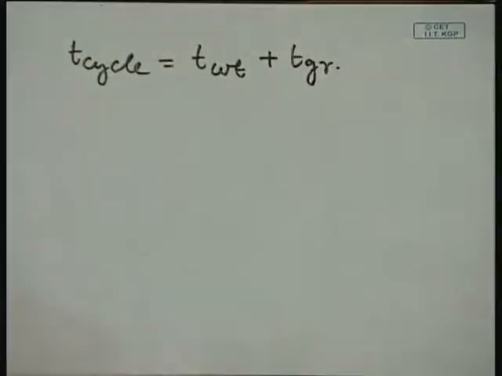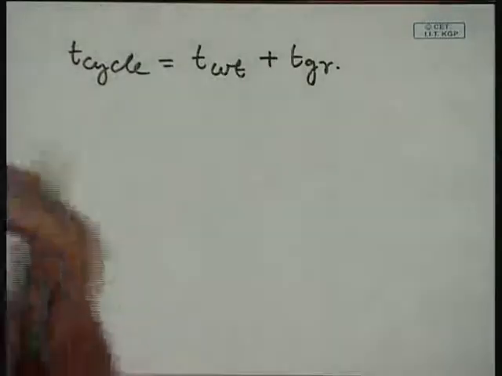And then there is time for growth, and of course, departure is an instantaneous phenomenon. Departure is a very important phenomenon, but it is instantaneous, so there is no time for departure. As it grows to a particular size, it will depart. So, TWT is the waiting time, TGR is the growth time, and T cycle is the total cycle time.